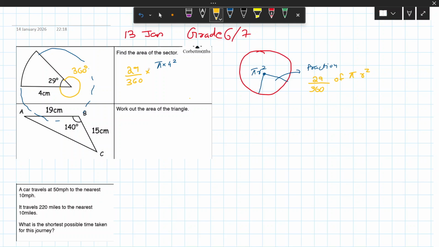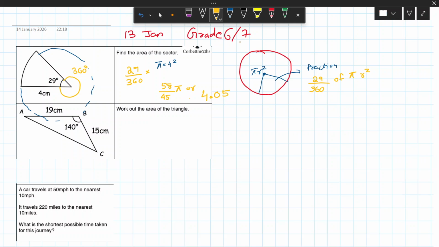If they say give in terms of pi, I would write 58 over 45 pi, or if you're doing it as a decimal, you could give your answer to 3 significant figures as 4.05.